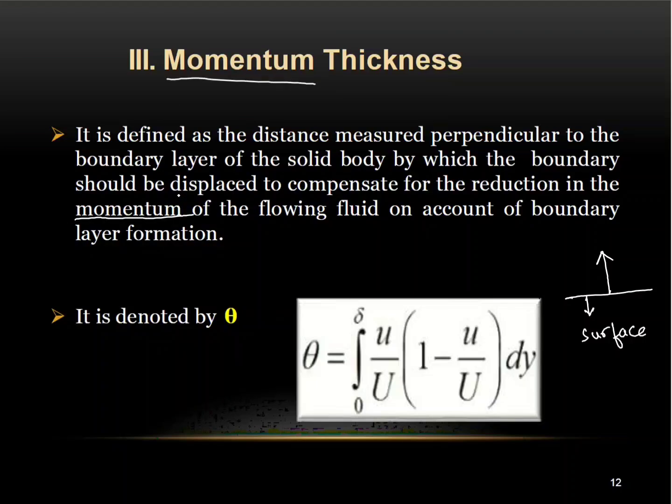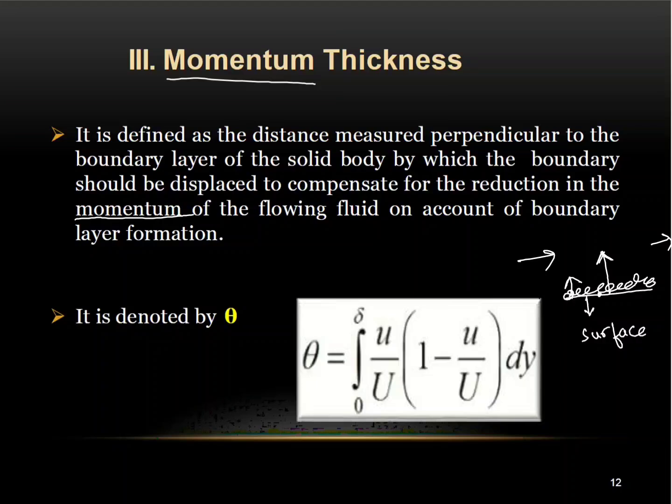Remember, for momentum thickness it is compensation of momentum, because of the formation of the boundary layer, I may lose obviously the particles or the molecules in this boundary layer having low velocity and sometimes zero velocity, because the molecule which is closer to the boundary surface is having zero velocity. So I am losing velocity. When I am losing velocity, I am losing momentum. So how much amount I have to remove this thickness so that I get momentum equal from inflow to outflow is called as momentum thickness. It is denoted by theta.